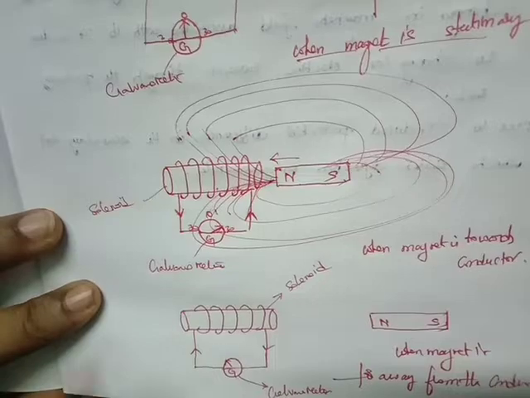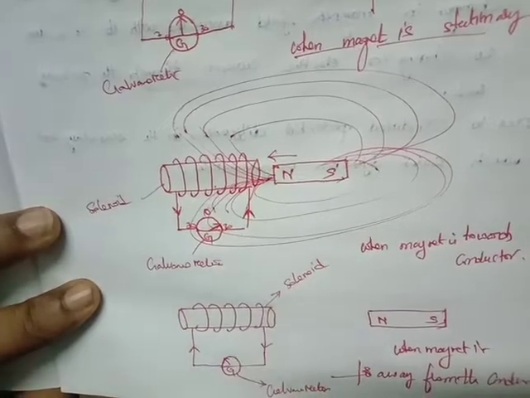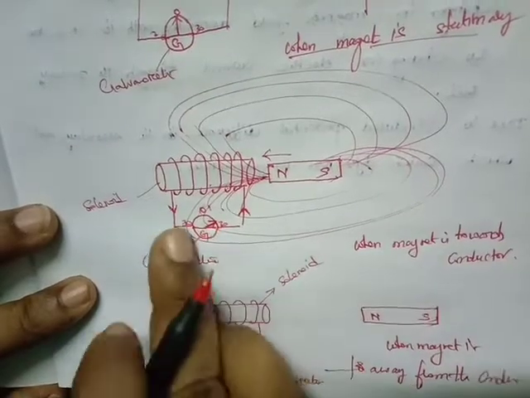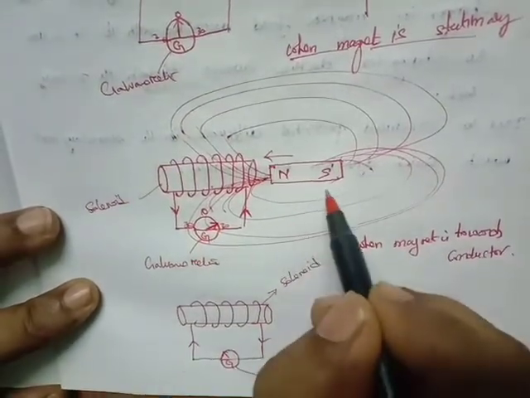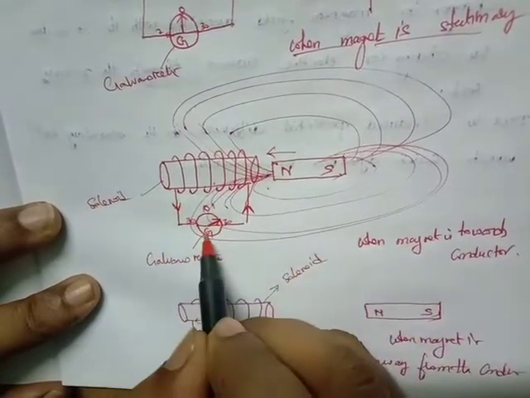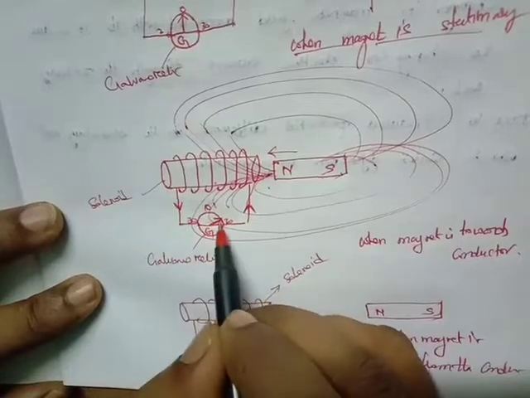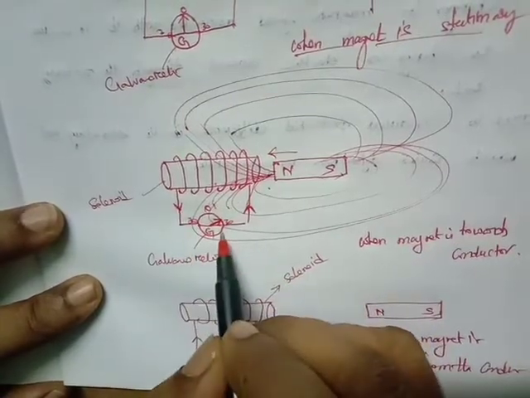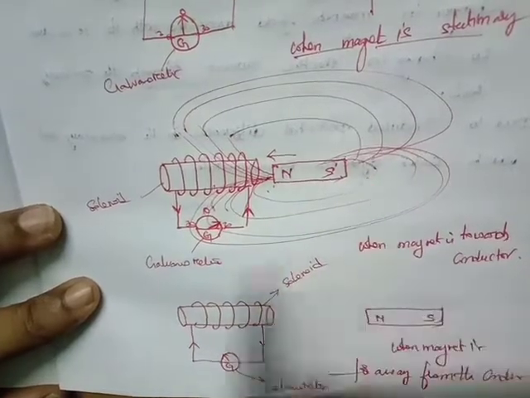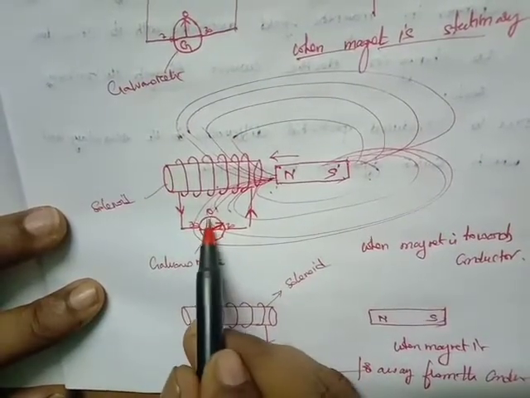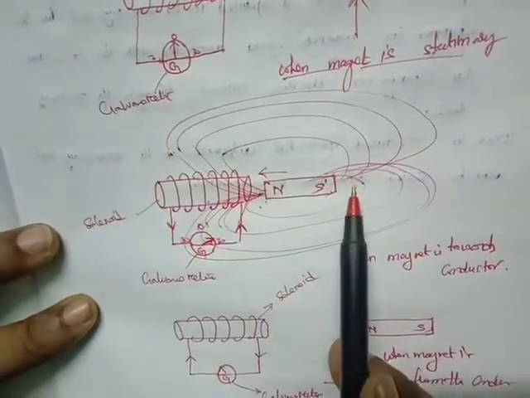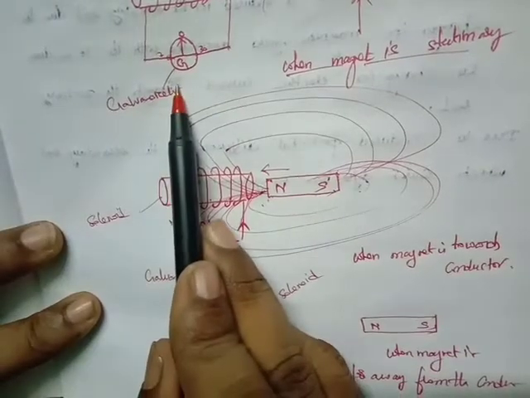When current is produced in the copper coil, the galvanometer indicates on the right hand side. That means when the magnet moves towards the solenoid, it indicates anti-clockwise direction of current. When it comes back to the stationary position, the arrow mark indicates 0.